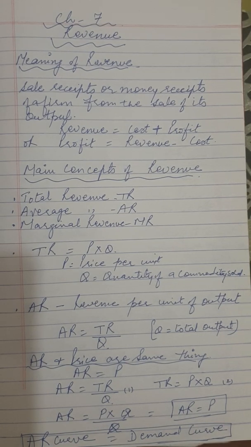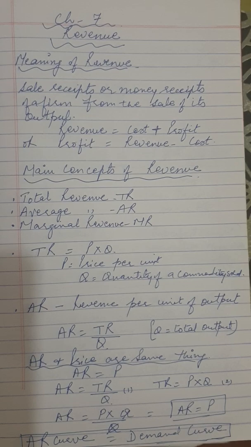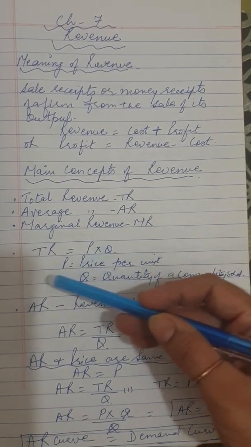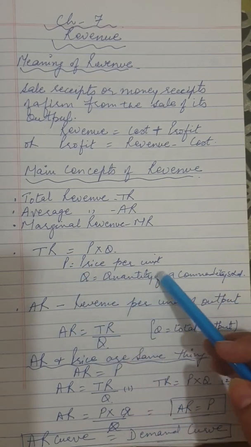And when you multiply that quantity with the particular price, you get the total revenue, because receipts are always calculated in money terms. Like suppose a firm sold 100 units at the price of ₹20. So 100 units multiplied by the price 20, TR is equal to 2000. That is the total revenue.